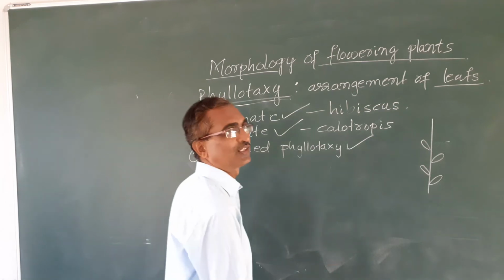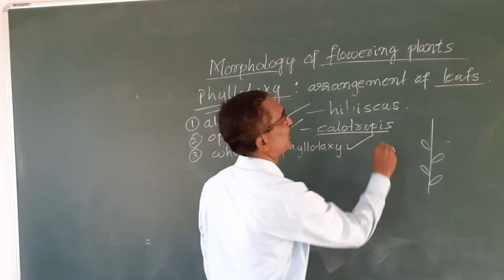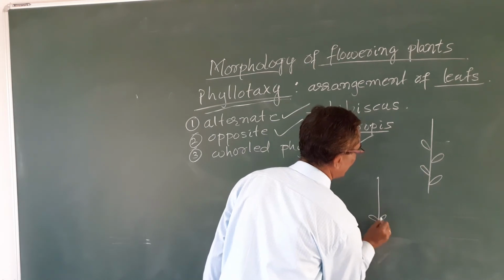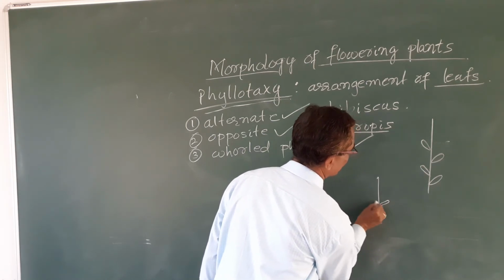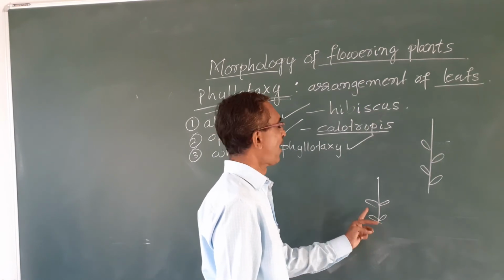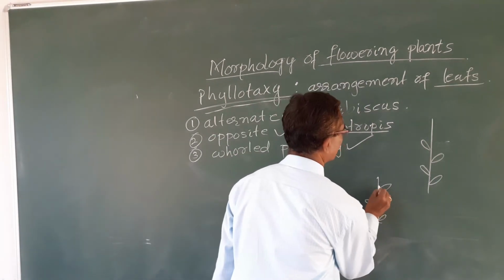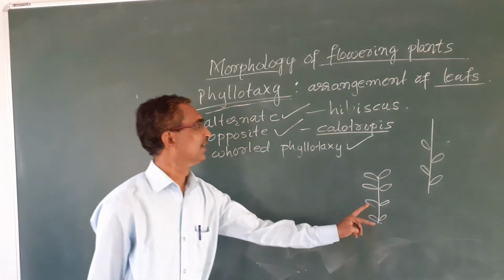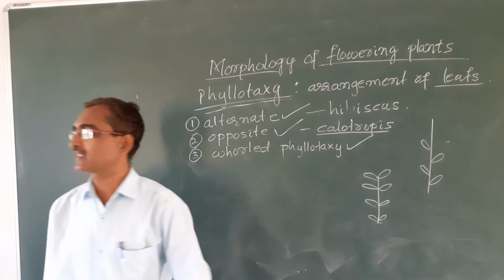The example here is Calotropis. Here the leaves are arranged in pairs at each node opposite to each other. That is opposite phyllotaxy.